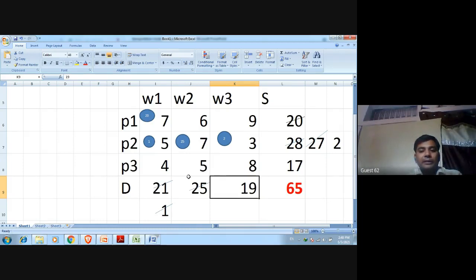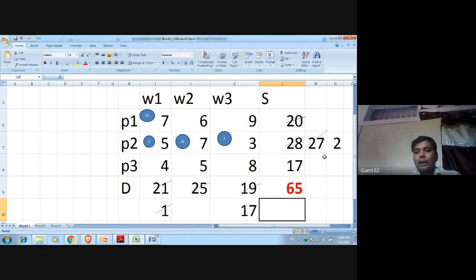After completing this, we will cancel out 19, and the requirement of this W3 is 17 units. Okay, and this has been fulfilled completely. We will cancel all the capacity of the plant P2.